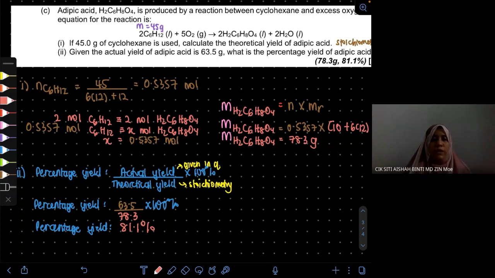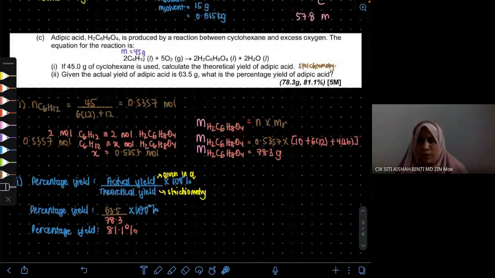So that's why lah kamu punya the actual yield will be lesser than your theoretical yield. Kalau lagi banyak tu yang pelik lah. Especially kalau in question, selalunya memang dia bagi the actual yield is smaller than the value of the theoretical yield. Kan nanti kalau kecil dapat negatif pula negative percent. Okay, so that's for question 2.